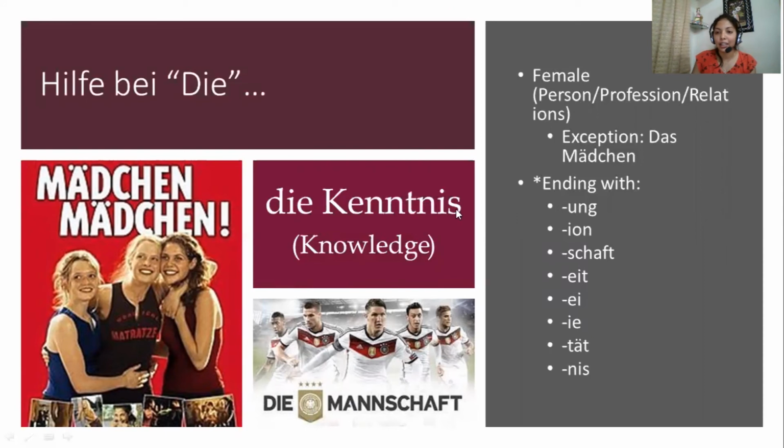It is -nis. I can give a couple more examples with die. For example, if you see -ei, it's die Bäckerei, which is a bakery. Universität is university, which is die Universität, ends with -ät.